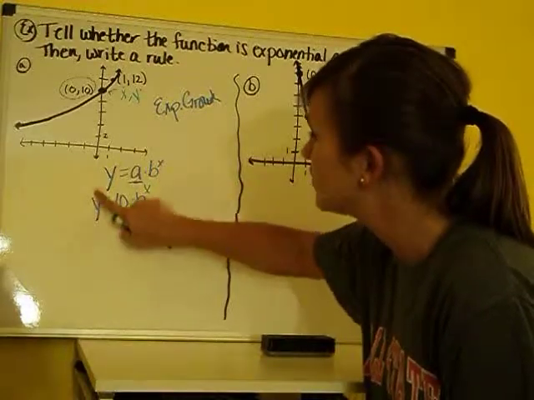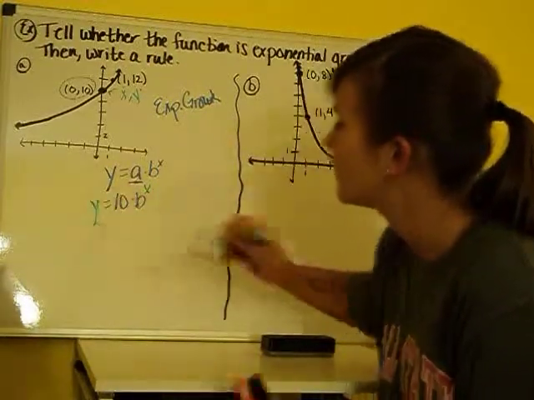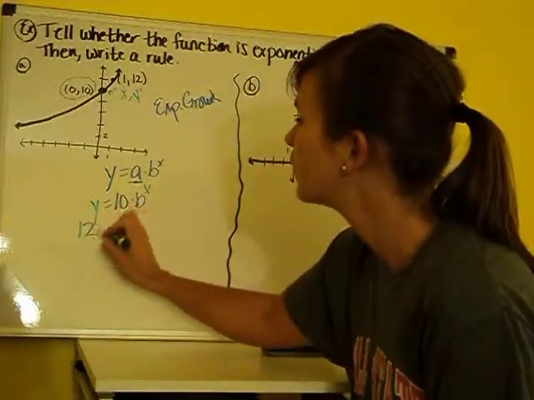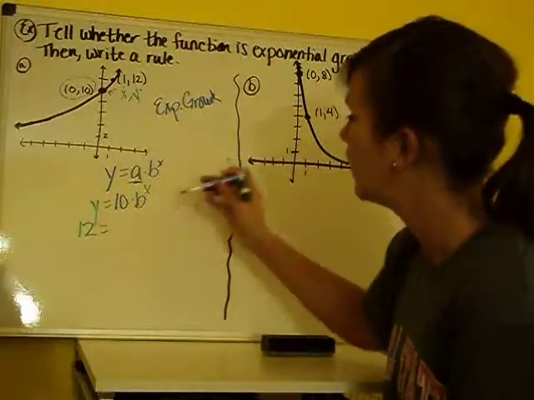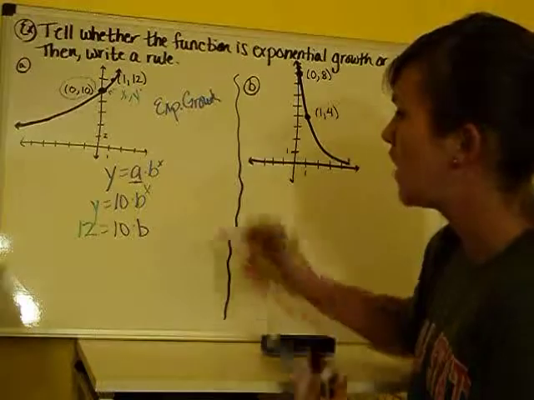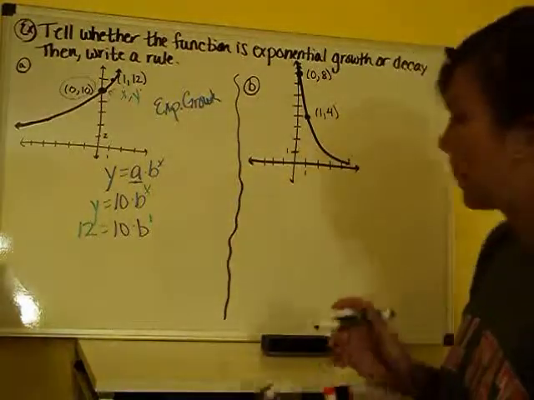If we let this be our x and y, in green, we're going to plug in. So our y is 12, and our x is 1.